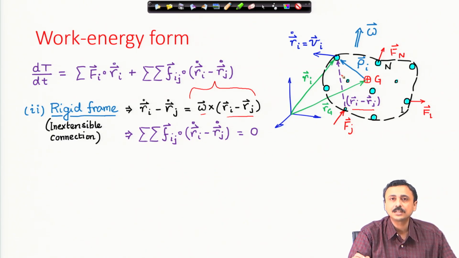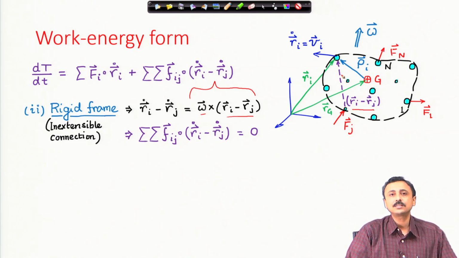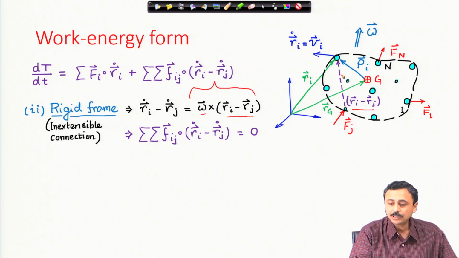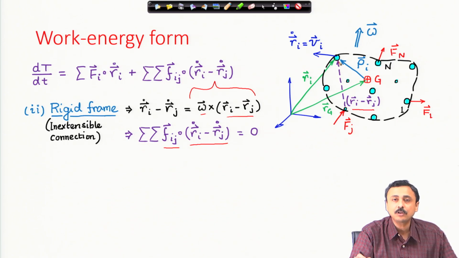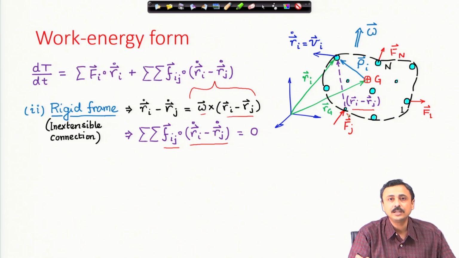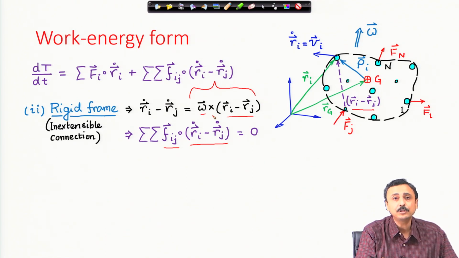This dashed vector is r_i minus r_j. Because r_i dot minus r_j dot is perpendicular to r_i minus r_j, the dot product of this term with F_ij must vanish. Remember, F_ij is along the line joining the two particles, while omega cross (r_i minus r_j) is perpendicular to this line.